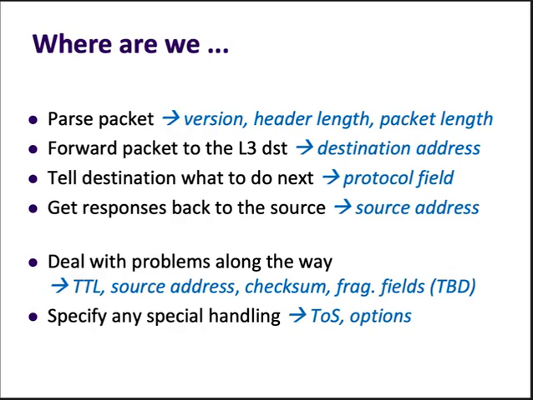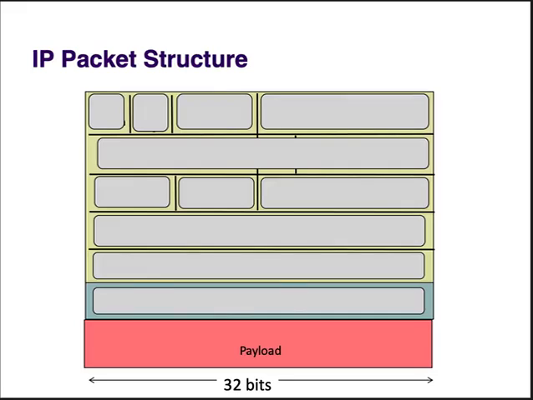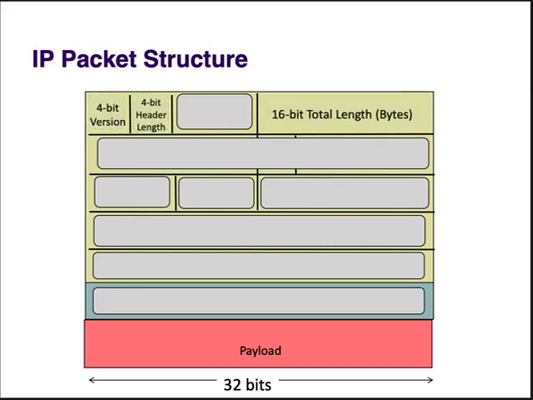But two fields that you will see in your IPv4 header for that reason are these type of service bits and option bits. I'm going to very quickly just flash the IP header here at you because we've covered it. We show the IP header, it's aligned on 32-bit boundaries, so 4 bytes. Fields you'd expect to see in the IP header for parsing: you have a version number, you have a header length, and a total length in bytes.